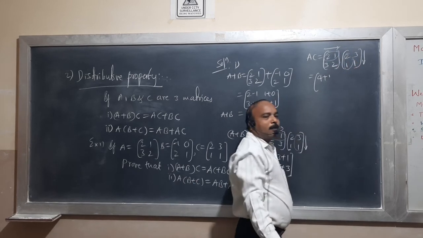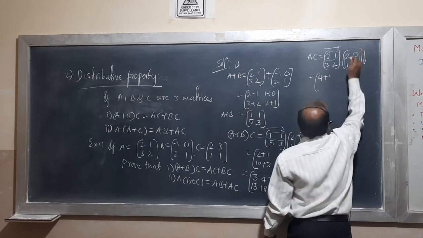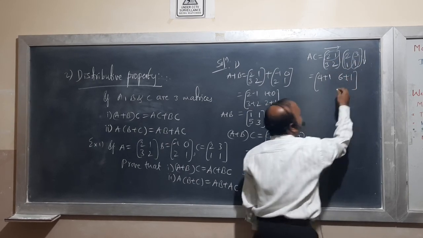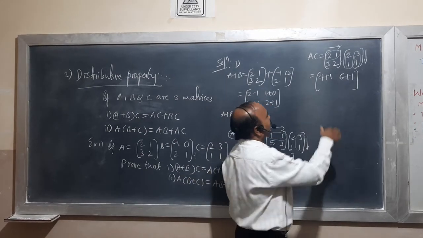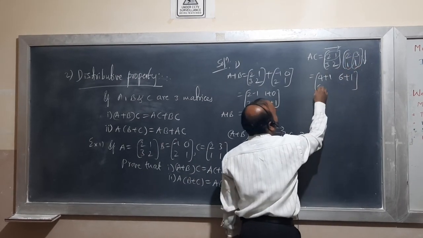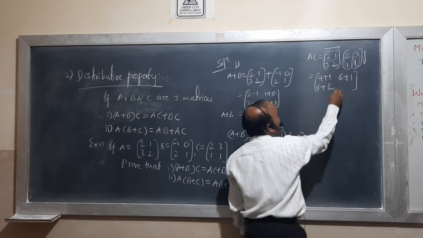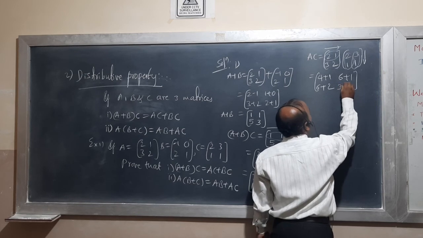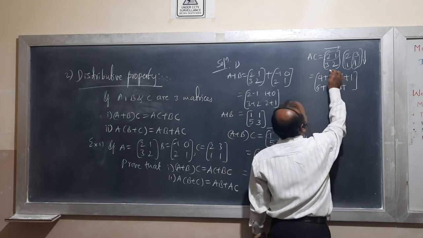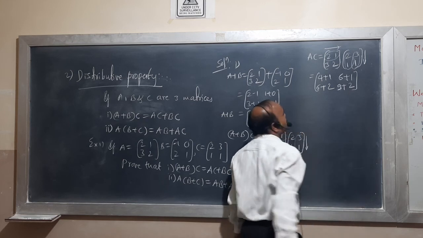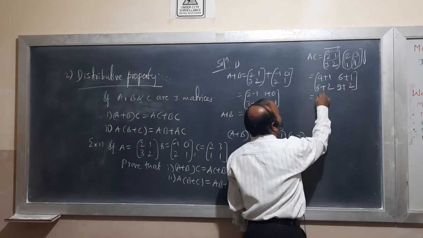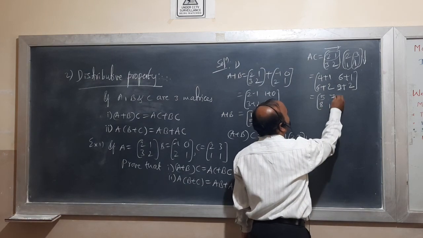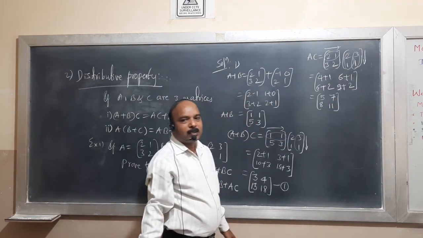Next, first row with second column: 2 into 3 is 6 plus 1 into 1 is 1. Next, second row with first column: 3 into 2 is 6 plus 2 into 1 is 2. Next, second row with second column: 3 into 3 is 9 plus 2 into 1 is 2. Then you get [5, 7; 8, 11]. Now it is the value of AC.